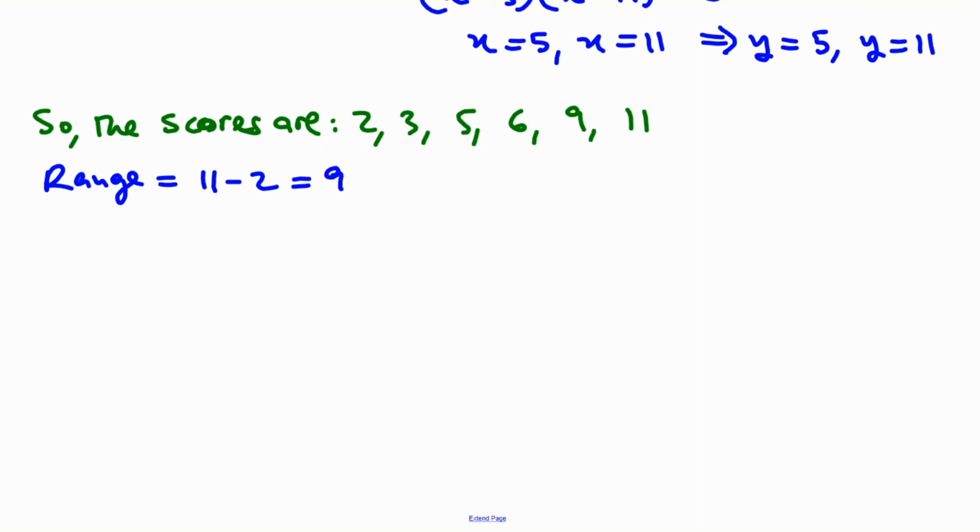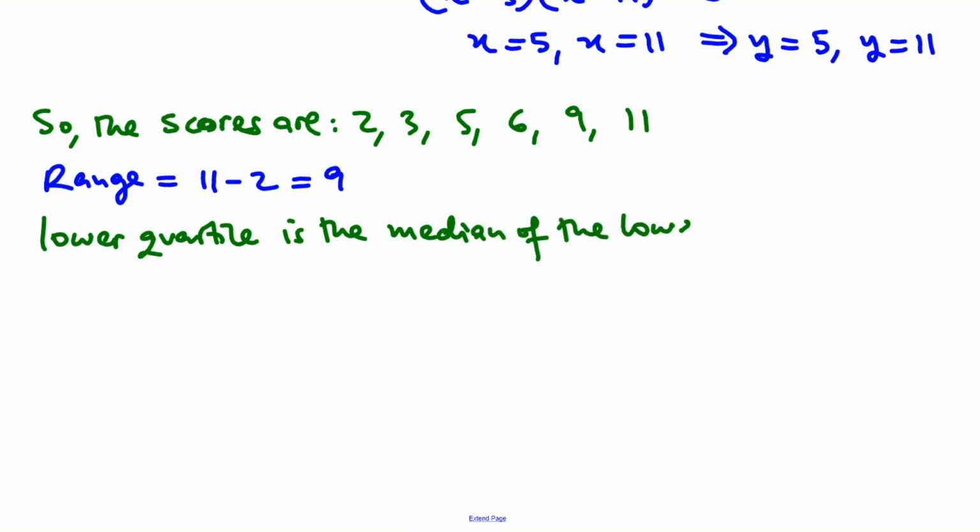Now, to find the interquartile range, we have to find the lower quartile and the upper quartile. Now, the lower quartile is the median of the lower half of the data.